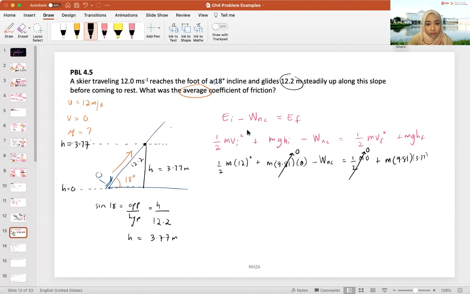S equals to 1 over 2 macam tu. Kan ada formula yang nombor 2 tu kan. S equal to 1 over 2 U plus V T. S kita dah ada, U, V kita dah ada, T je tak tahu.